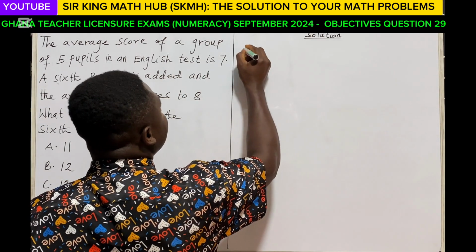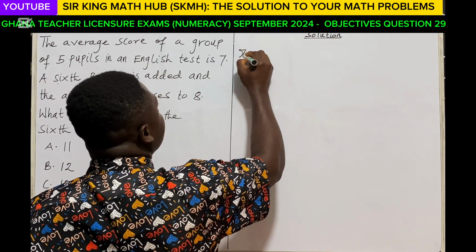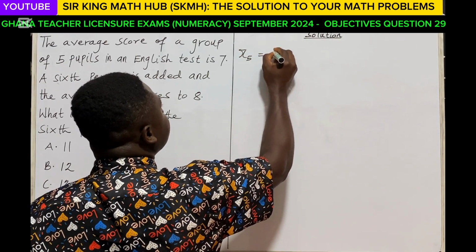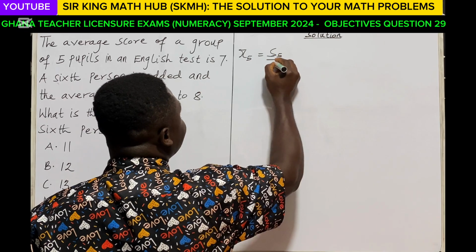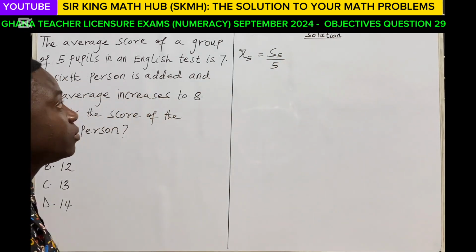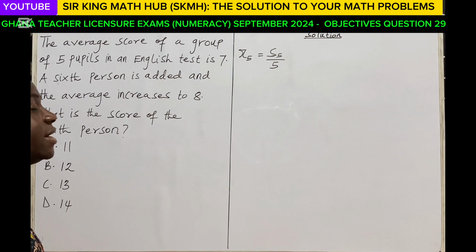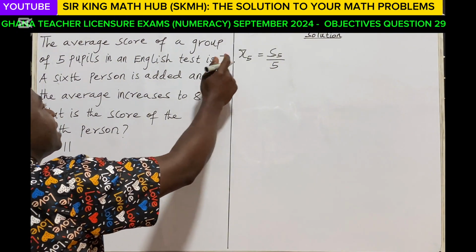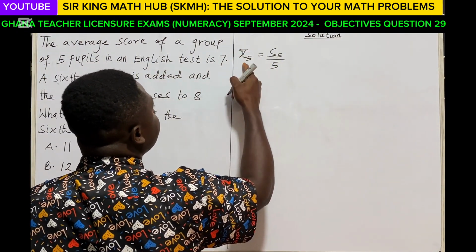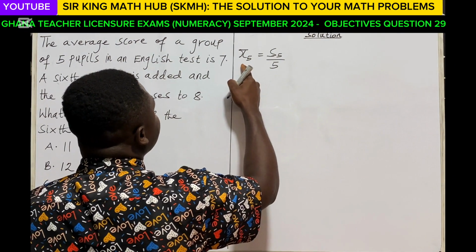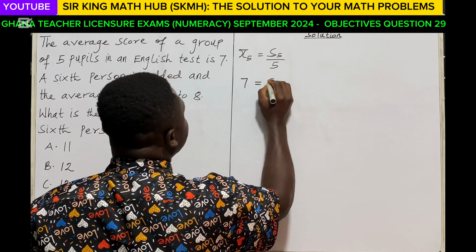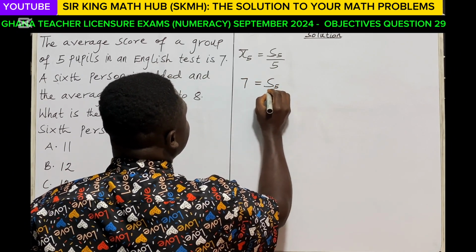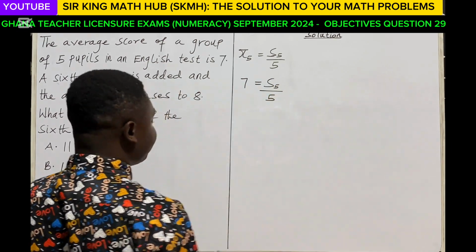So the average score of 5 pupils is equal to the sum of the scores of the 5 pupils divided by 5. But were we given the actual average score of the 5 people? Yes, it was given to us as 7. So in place of the average score of 5 pupils, we substitute 7 there. And this must be equal to the sum of the scores of the 5 people divided by 5.